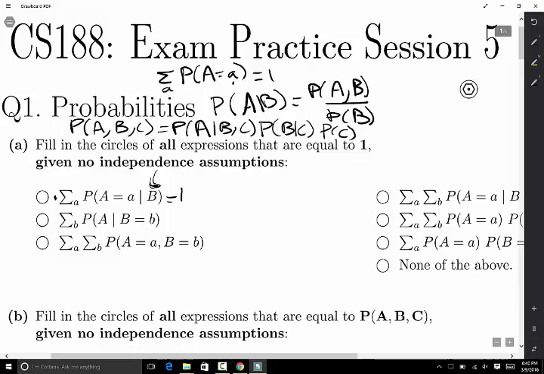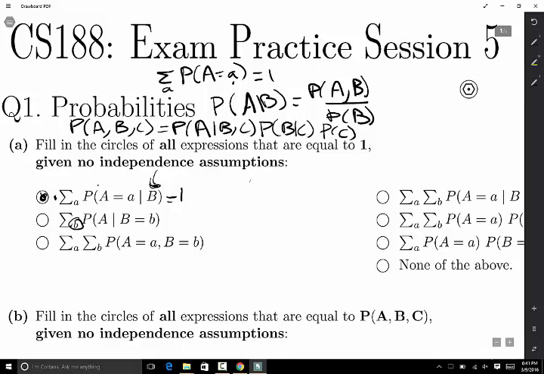This is equal to 1 because you're just saying you're giving me a particular value of B, and then asking to sum over all the possibilities of A, the probability of A given that particular value of B. And A will always have some value with this particular value of B. So if we sum up all the ways that A can have different values, then those will sum to 1.